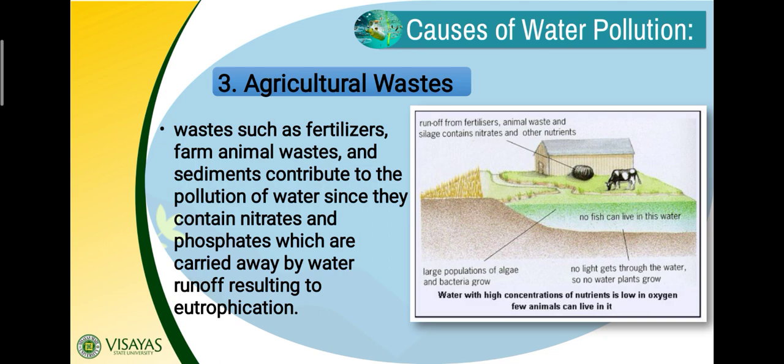In recent years, as the prices of fertilizers and pesticides became cheap, it paved the way for the excessive application by farmers. These wastes contain nitrates and phosphates and can cause enrichment of nutrients leading to eutrophication.